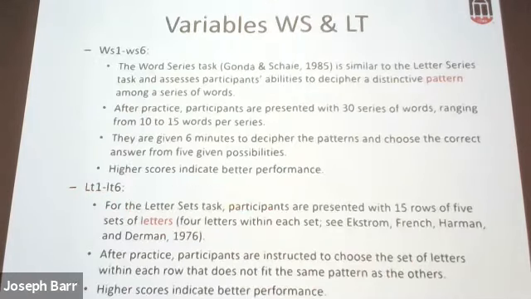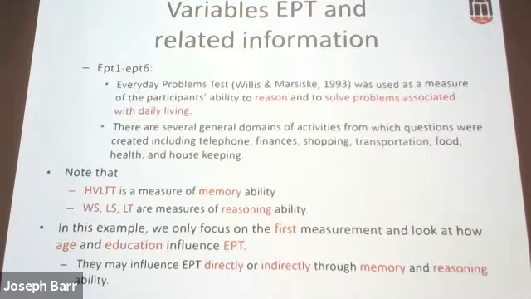The previous ones are kind of like intervention or causal variables. The EPT was used as a measure of a participant's ability to reason and solve problems associated with daily living.